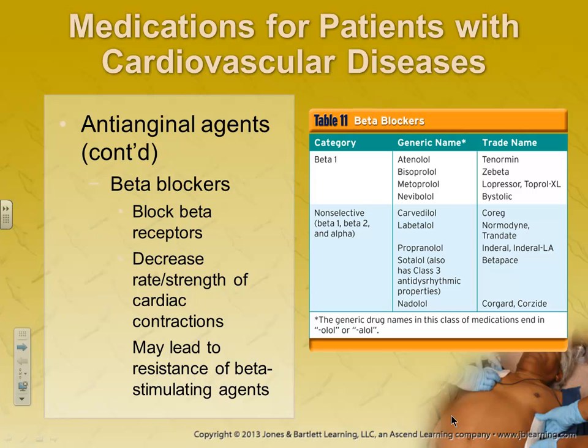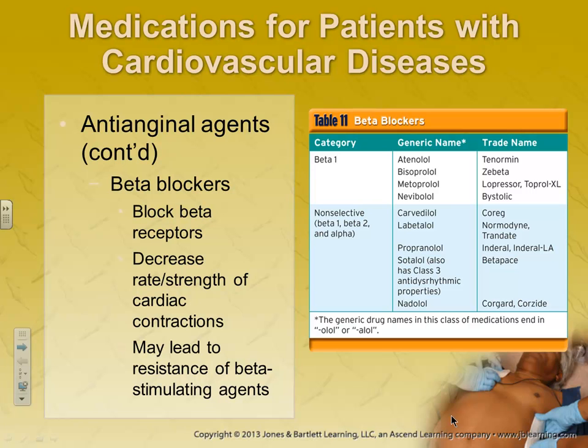It blocks the beta adrenergic receptors, right? What do the beta adrenergic receptors do? They're part of which nervous system? The sympathetic. So they speed everything up, right? Contract a little bit. So a beta blocker is going to block that receptor.